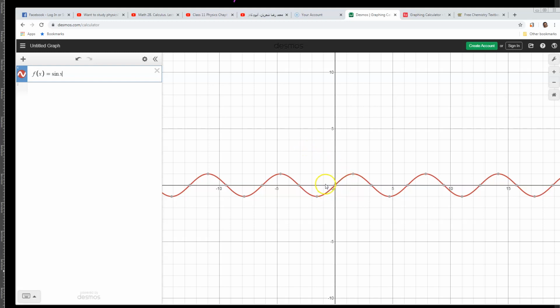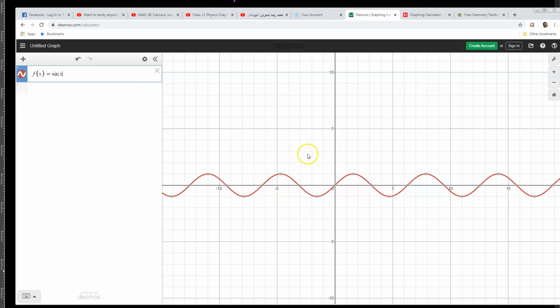So the function would be 1-1 from negative pi by 2 to pi by 2, or from 0 to pi by 2, or from pi by 2 to pi, or from pi to 3 pi by 2, or 3 pi by 2 to 2 pi, and so on and so forth. You can go towards the negative direction as well. You can do whatever you want, as long as the function is 1-1.